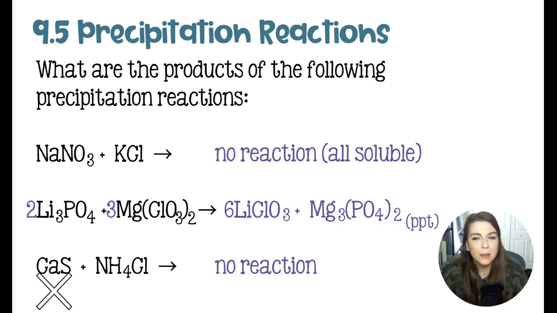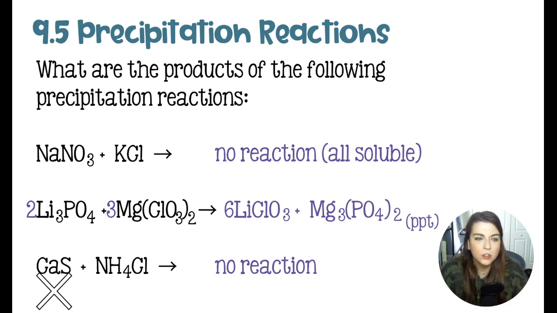It's important to remember that precipitation reactions are double replacement reactions. So what's going to happen here is that the sodium is going to pair up with the chlorine and the potassium is going to pair up with the nitrate. But because we're working with 2 group 1 ions, everything is going to dissolve and nothing is going to rebond because the potassium and the sodium love being ions, just swimming around in water.